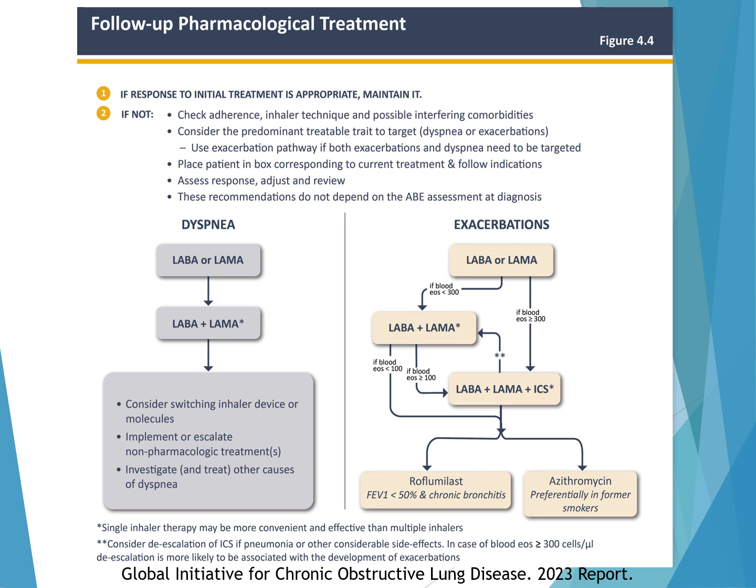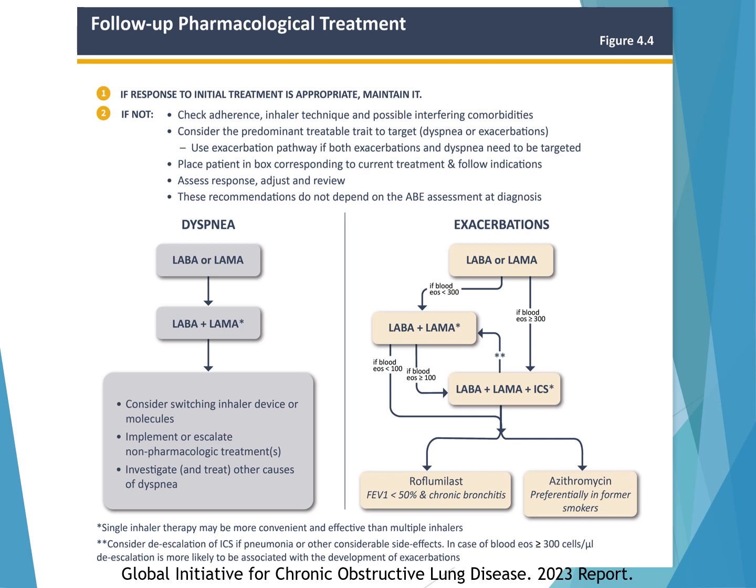If they potentially are having difficulties, even after educating them on how to use it, it could be considered to switch to an alternative inhaler with a different method that may be easier for the patient to use. Also, you should be investigating and treating other causes that may be giving the patient dyspnea.